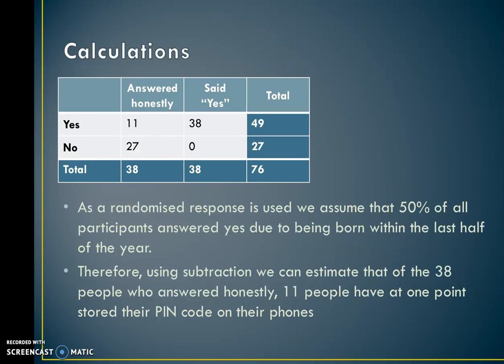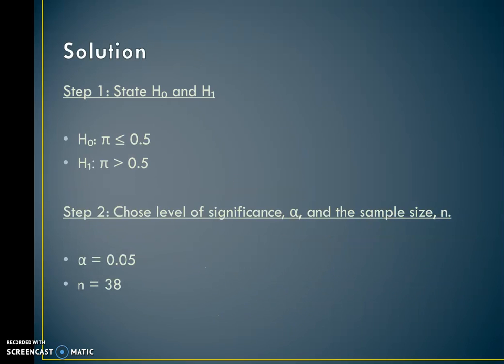As we used randomized response, we must assume that 50% of the participants answered yes to our question as they were born in the last half of the year. Therefore, using subtraction, we can estimate that of the 38 people who answered honestly, 11 of them store a PIN code on their phones. We now must begin our own solution for our hypothesis testing.